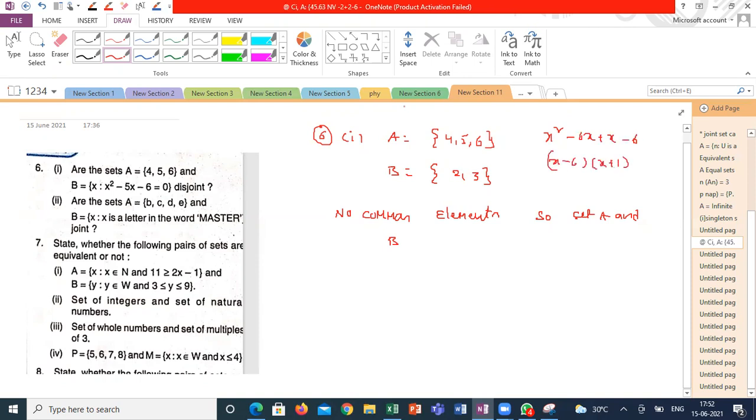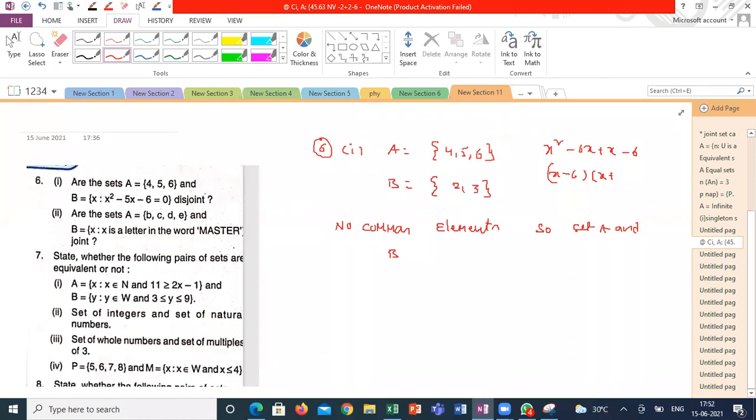So the answer is 6, minus 1, and then the solution was wrong. 6 and minus 1 is the solution. So there is a common element. The common element is available, so it is not disjoint. It's overlapping sets, not disjoint.